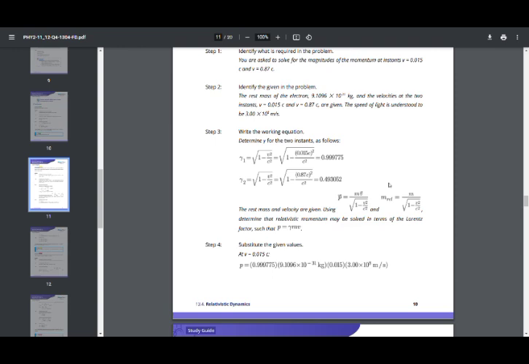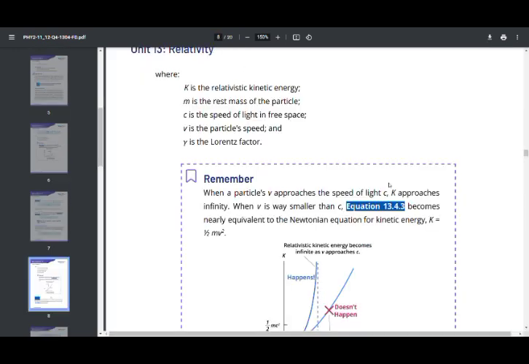So, actually yung pagbasa nito is like, every letters na nakalagay dyan is may meaning. So, iproceed nga tayo sa meaning. K is the relativistic kinetic energy, m is the rest mass of the particle. c is the speed of light in free space. v is the particle speed, and actually yung gamma na logo na to is the Lorentz factor.